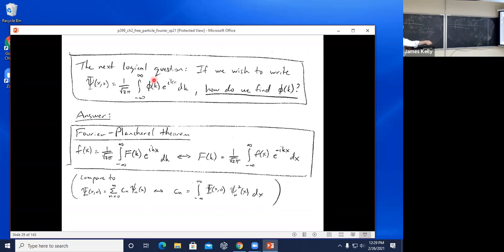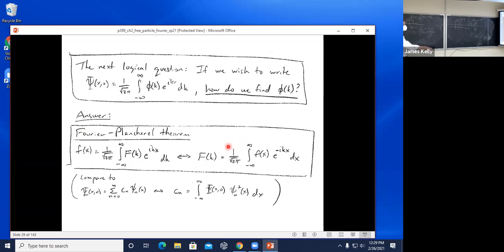If I want to write a function of x, this is like my psi of x0. I wrote it in a generic form here. So this is like our psi of x0, and here's our definite energy state right there. If we want to write it as a linear combination of those, here's a formula that tells you how to calculate f of k, or our phi of k in our notation, right?